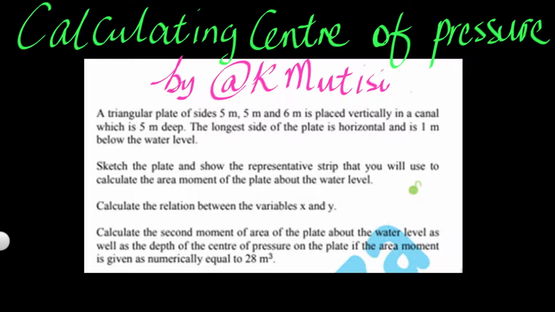So our calculation of the area moment of the plate is going to be about the water level as the reference. Now I want to explain how you tackle this question, how you make the sketch, and the reasoning behind all the sketches. I'm going to explain just this example, but in all the questions, the approach is the same.